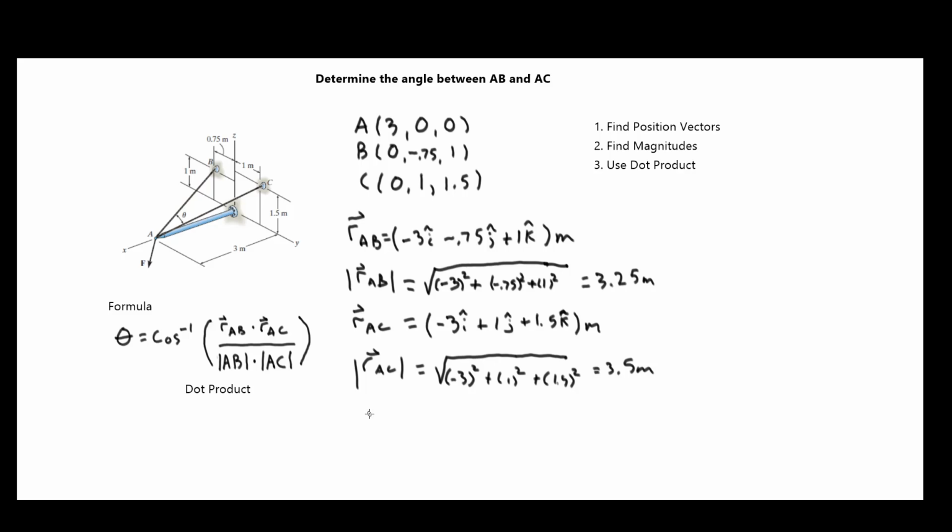First I'll start with our position vector going from A to B. Then I'll write our position vector going to AC.